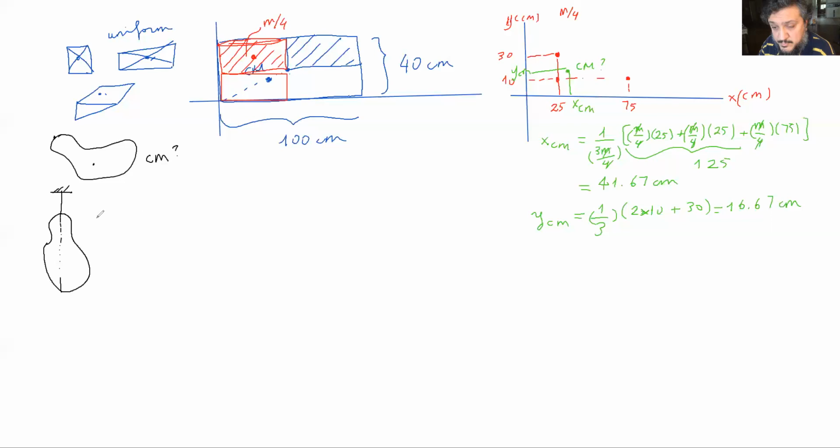But using the same logic, just take a pen and draw a line there, and you know it's going to be along that line. Okay, and then try another point. Let's say use this point here to hang the object. I'm going to try to draw it now. So I'm going to have something like this, and then, okay, it didn't look exactly like this, but you get the idea, right?